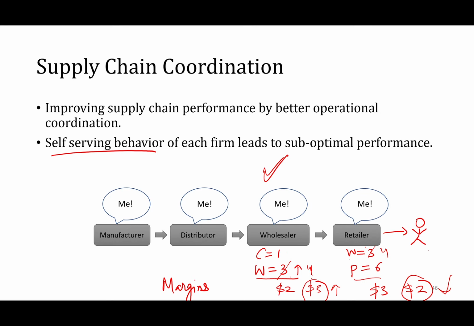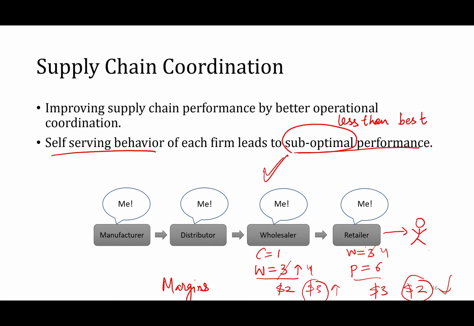But it turns out that this leads to suboptimal performance, which means, what does suboptimal mean? It means less than the best, right? Less than best performance. And we'll see what that means, what it means that we didn't quite achieve the best performance that we could.